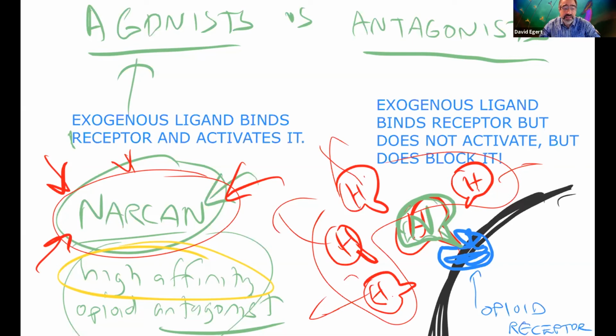Does this make sense? This idea of an agonist, again, morphine or Vicodin or oxycodone or heroin, those are all opioid agonists. They're things that will bind the opioid receptor and activate it, turn it on.